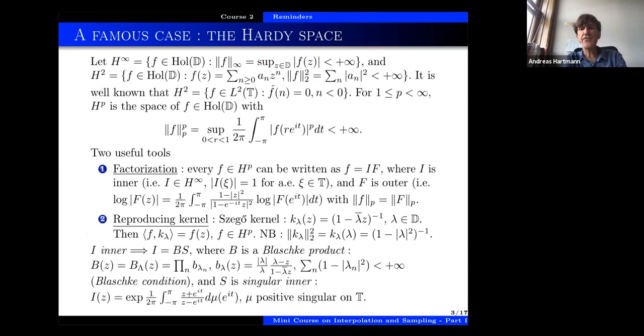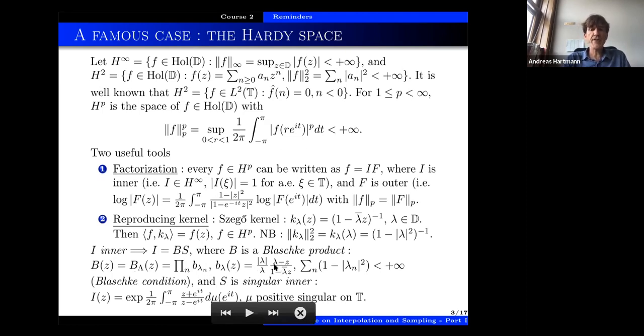Inner functions can be categorized in two parts. There are Blaschke products, which take care of the zeros inside the disk, and singular inner functions, which take care of what can happen on the circle. Okay, a Blaschke product is a function which vanishes at points inside the disk. These points, I call them lambda.